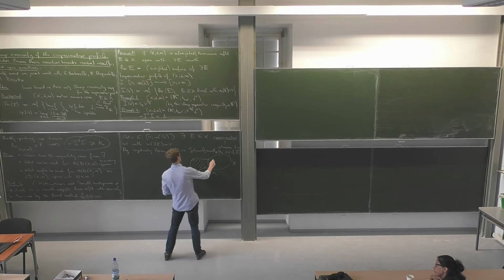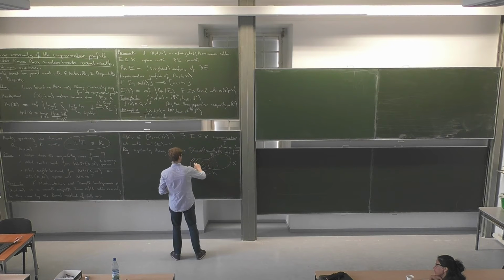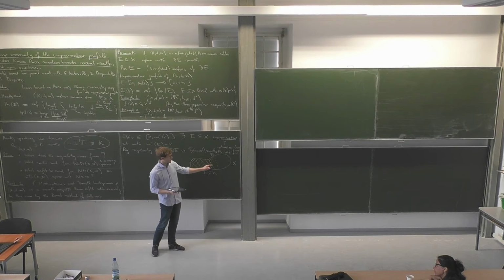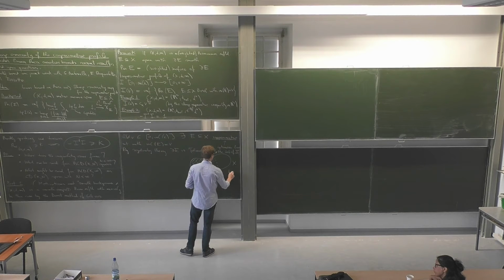So I can introduce the set E_t. E_t is basically obtained by pushing the set in one direction by an amount t, where t is a positive number.